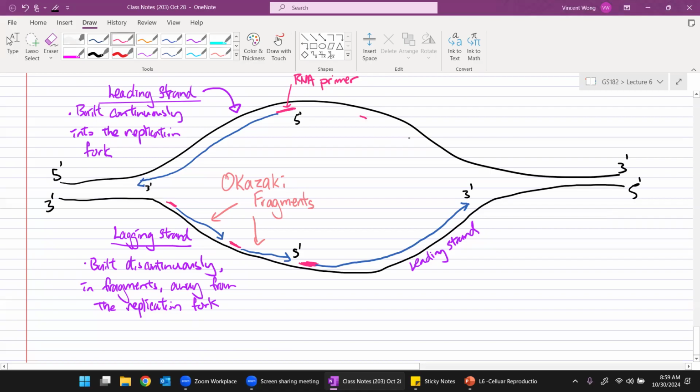And then on the other side, you would have more fragments. Of course, on the other side of the bubble, this would be the lagging strand.